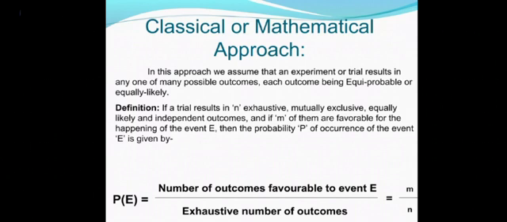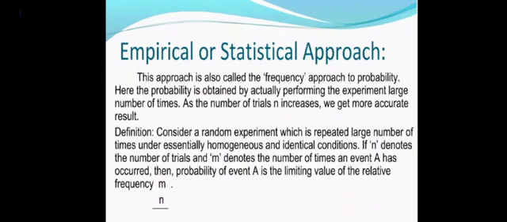The definition is: if a trial results in n exhaustive, mutually exclusive, equally likely and independent outcomes, and if m of them are favorable to the happening of the event E, then the probability P of occurrence of the event E is given by P of E equals the number of outcomes favorable to event E divided by the total number of exhaustive outcomes.